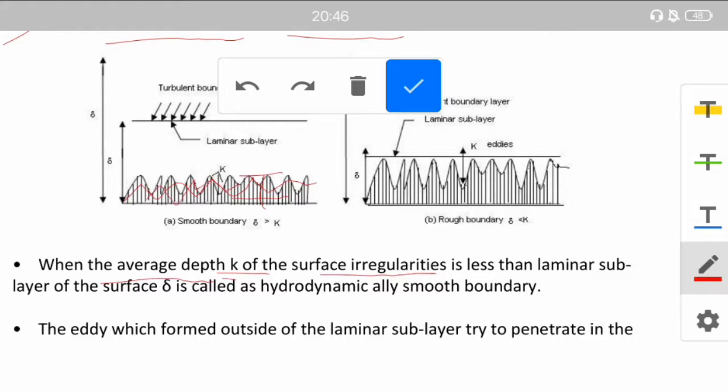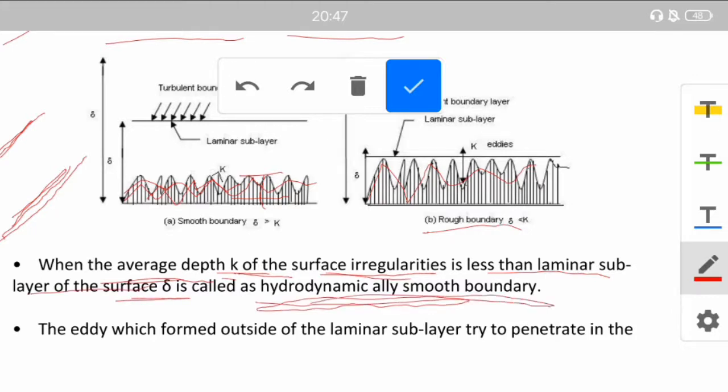We cannot say that the inner surface of a pipe or a channel, even at a microscopic level, will be smooth. There will be a minimum amount of irregularity present, and whenever this irregularity is large, then we call it a rough boundary. So when the average depth K of the surface irregularities is less than the laminar sublayer thickness delta, it is known as a hydrodynamically smooth boundary.